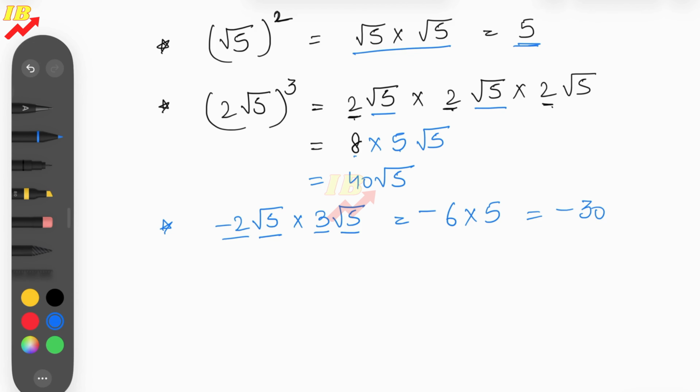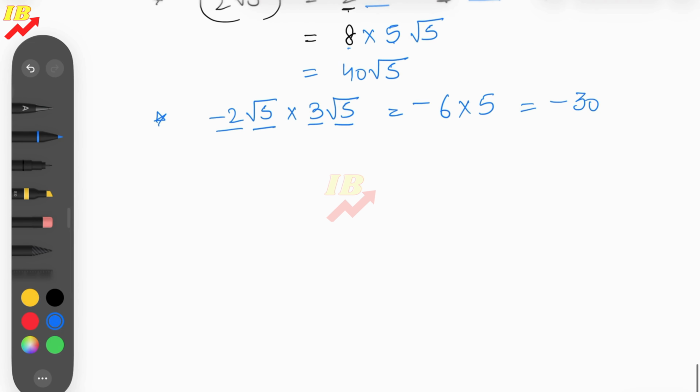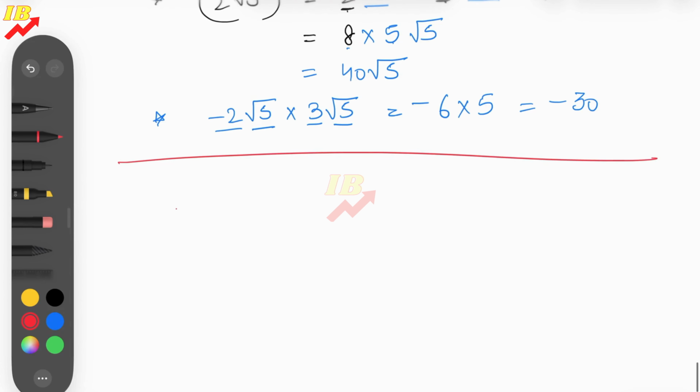See, multiplying and dividing is quite easy for the radical forms. But when it comes to addition or subtraction, I'm just changing the topic now. As I said, we are going to discuss the operations on radicals.